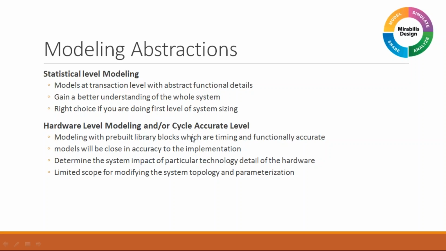In that case, you may actually have to go with a cycle accurate level modeling approach. If you have very little information and you want to capture your design as quickly as possible, in that case, you can go with a statistical level of modeling approach.